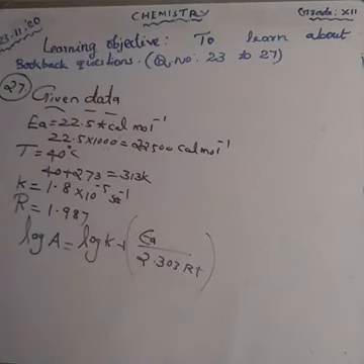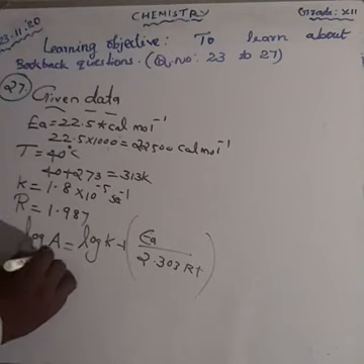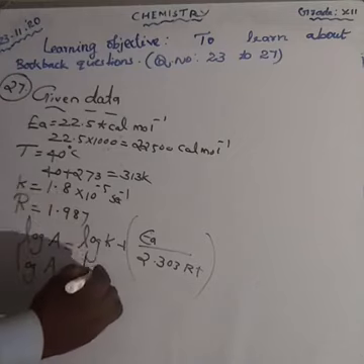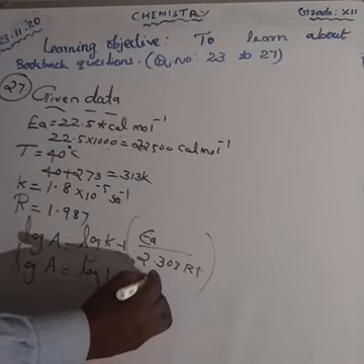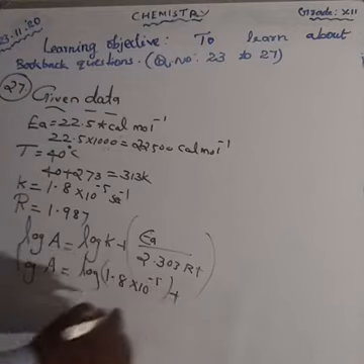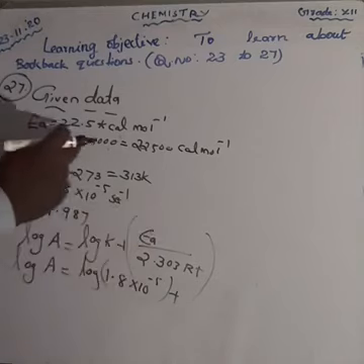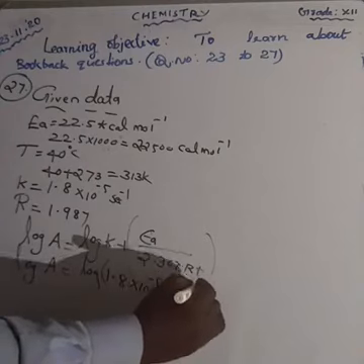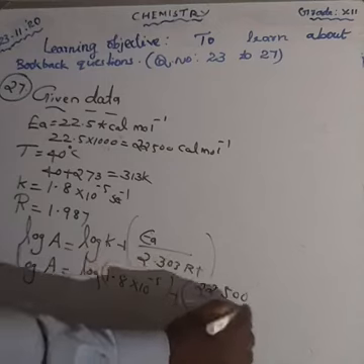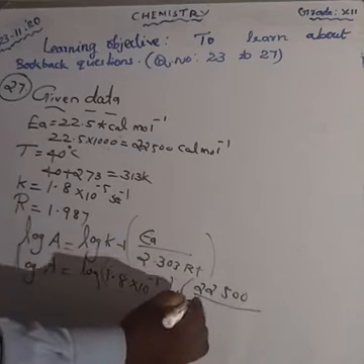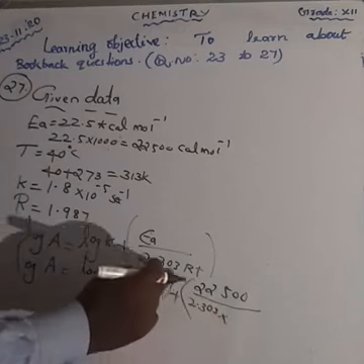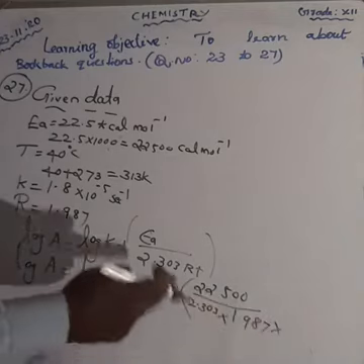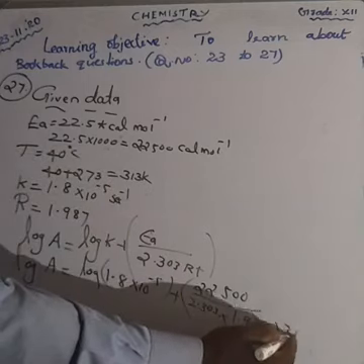So how to find out the value? Log A is equal to log of K, that is 1.8 into 10 raised to minus 5, plus EA, which is 22,500, divided by 2.303 into R, which is 1.987, into the temperature 313.